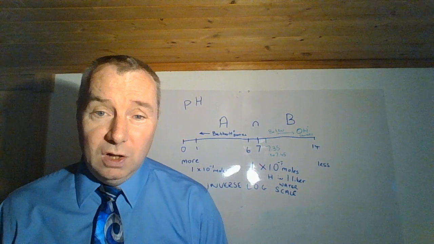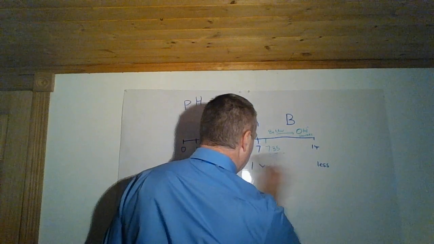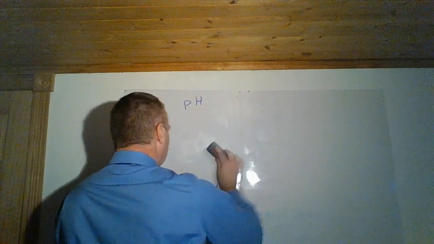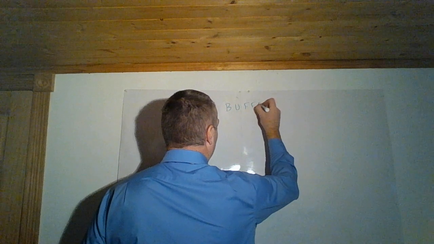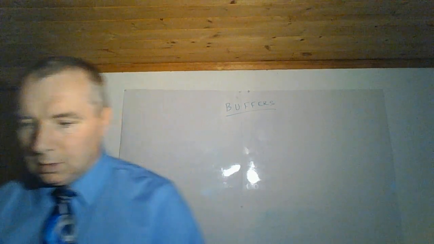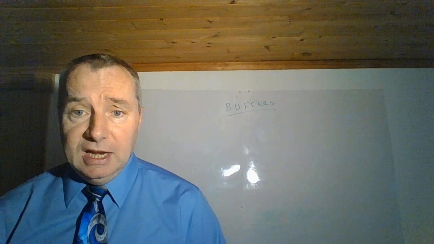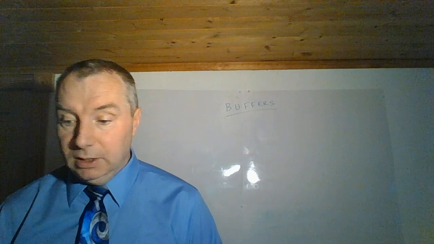Some of those things are called buffers. So buffers are found in living things, and they aid in maintaining the pH at a near to neutral value.